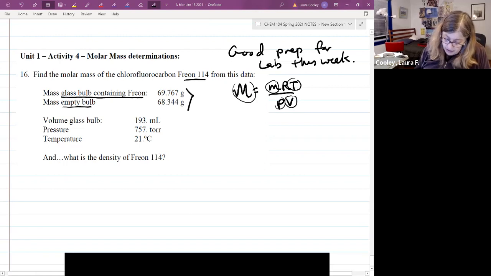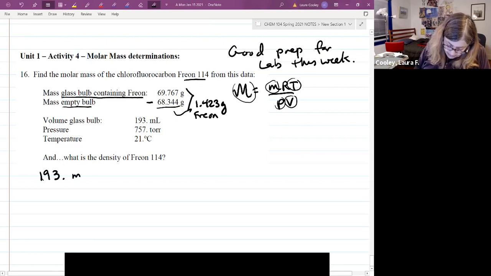So we can find the mass of the freon by taking that difference, which comes out to 1.423 grams of freon when you subtract one from the other. Okay, that's what you get. We also have the volume, 193 milliliters, but we're going to need to convert that into liters, which is dividing by 1,000.